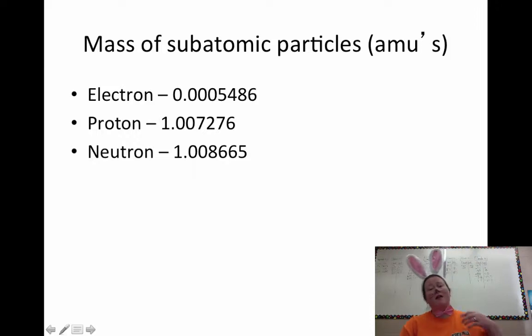Let's say that a proton has a mass of 1, a neutron has a mass of 1, so they're approximately the same mass, just like positive Patty proton and nerdy Nelda neutron are in the nucleus arcade. And an electron's mass is negligible. We say that it has a mass of 0, even though we know it can't technically have a mass of 0. So, for convention, we will say protons and neutrons each have a mass of 1, and electrons have a mass of 0.